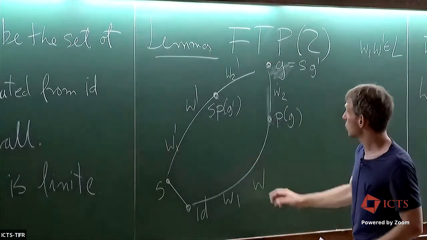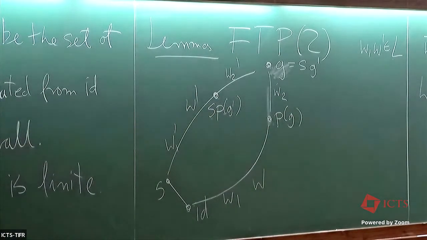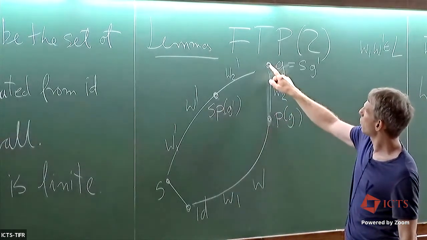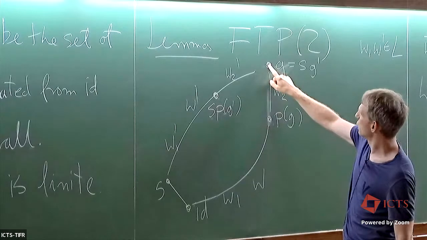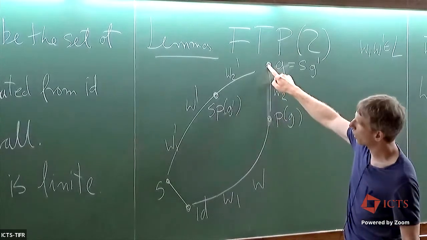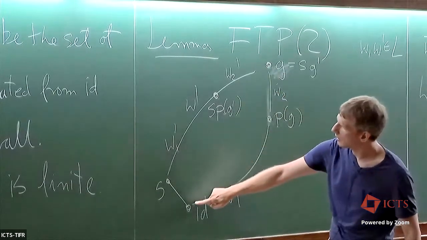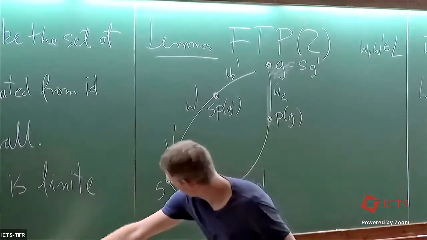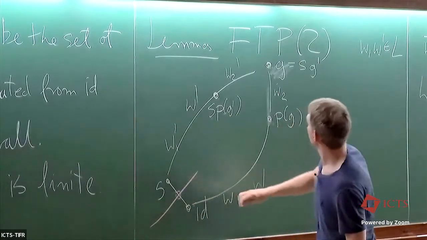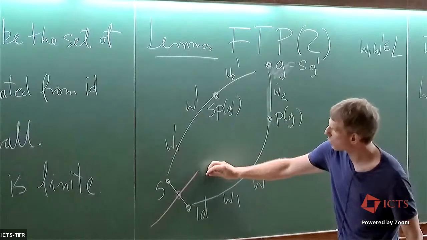And what does it mean? So how do we define these points? We define them using these red walls. And there are not so many walls in which the configuration between G and identity differs from the configuration between G and S. The only wall that separates G from identity that does not separate G from S is this wall that splits the edge joining identity to S. So if there is a difference between these projections, this red wall needs to come into play.